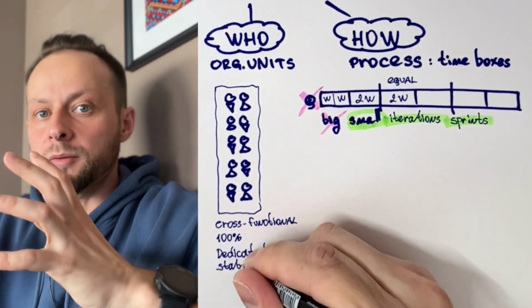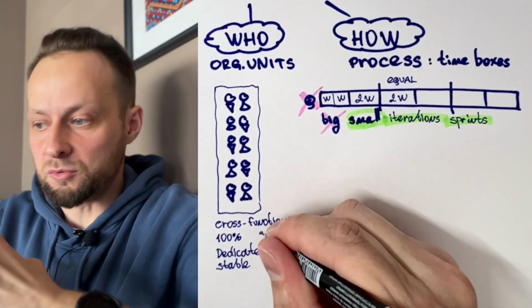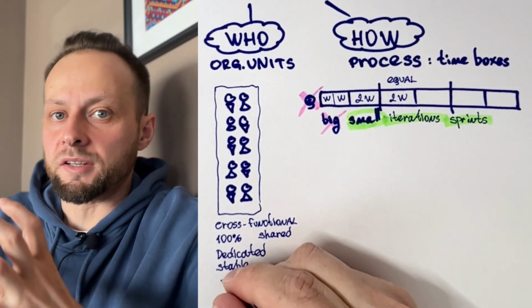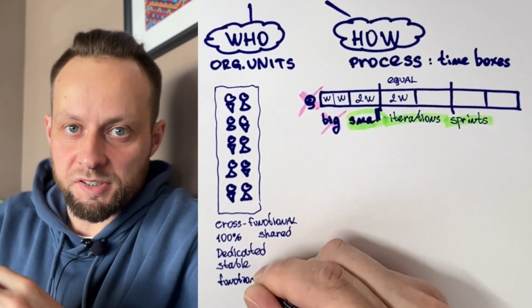So our ultimate goal is to deliver faster, to decrease waiting time, and to do that, we need fewer dependencies or no dependencies at all.